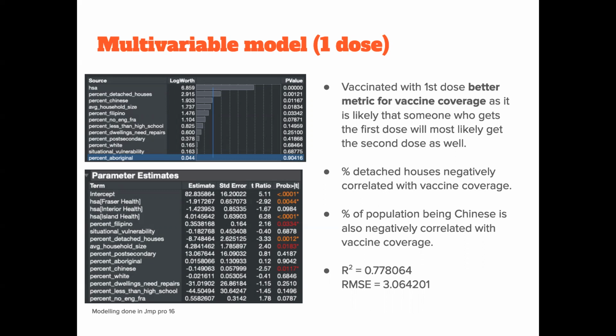We observed that the percentage of detached housing negatively correlates with vaccine coverage, and the percentage of the population identifying as Chinese is also negatively correlated with vaccine coverage. We achieved an R-squared of almost 0.78 with an RMSE of 3.06.